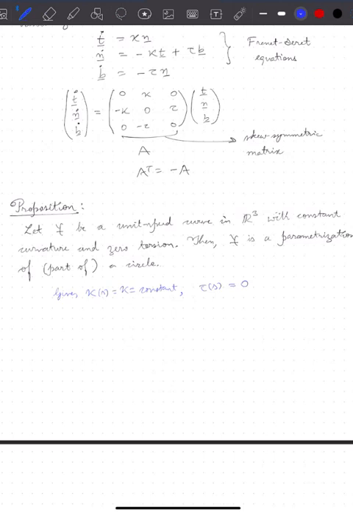What we see from the Frenet-Serret equations is that t dot vector is equal to kappa n vector. And n dot vector of s is going to be equal to minus kappa t vector of s, and of course 0 times b, so this term goes away. And then b dot vector of s is equal to 0 vector. So this implies that b vector is constant.